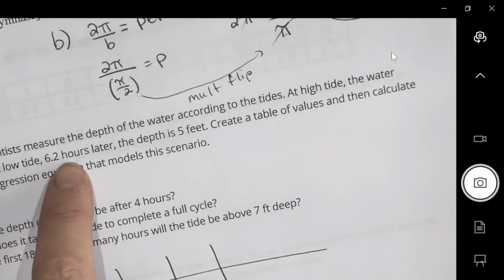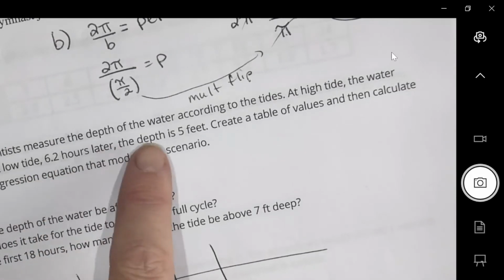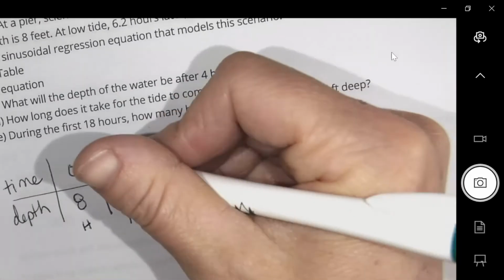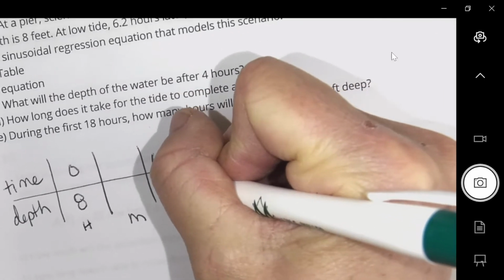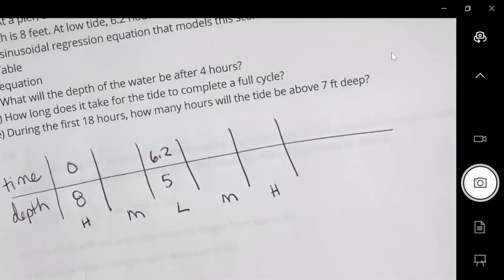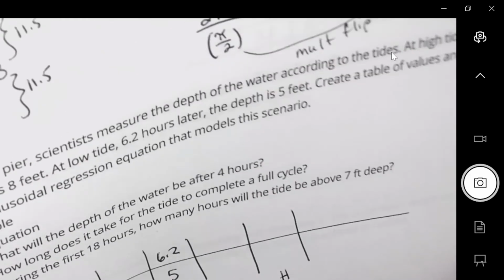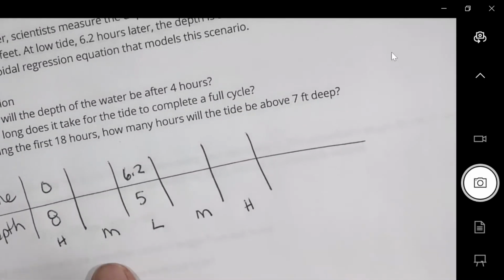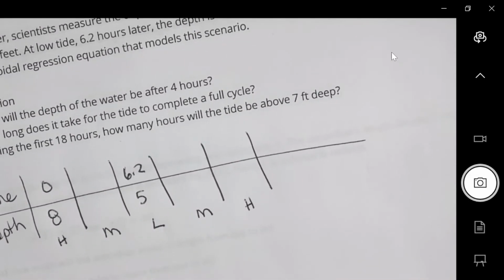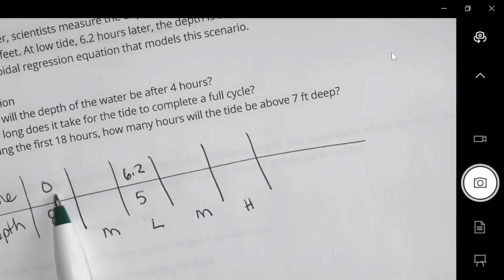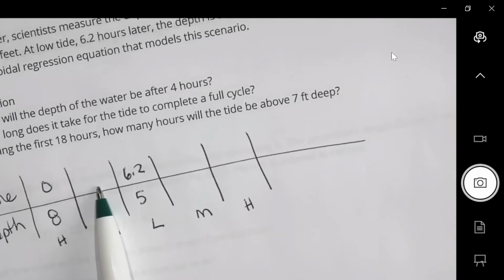There was a low tide 6.2 hours later at 5 feet. Okay, did you see that I had to skip right now into my chart? Can somebody, just mental math, tell me what value of time would be here?